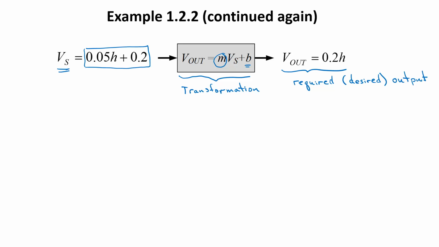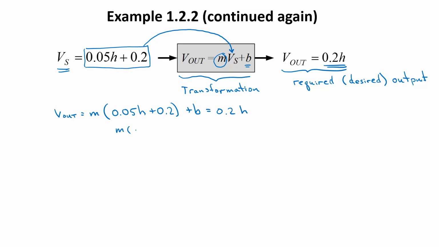So the basic solution approach is the same. We take this, plug it in for V sub s here, and write V out is equal to M times Vs, which is 0.05 times H plus 0.2, plus B. We set that equal to 0.2H.